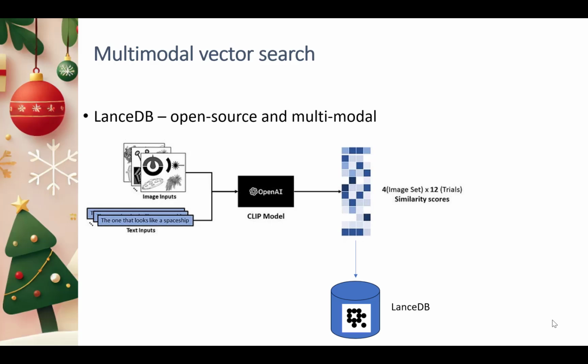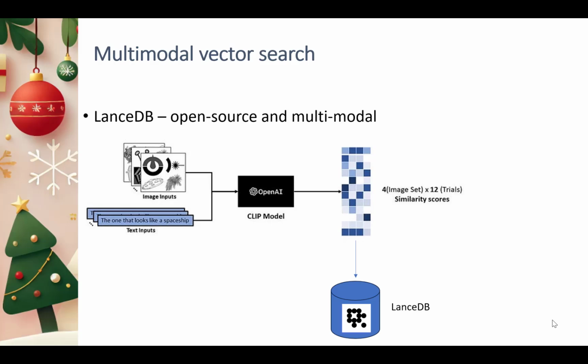And once you create those embeddings, you can create just image embeddings, or you can create image and text embeddings, and then you can store them. Maybe you have one table with just image embeddings, one table with text embeddings, and then you can search by image to get the text or label for that image.